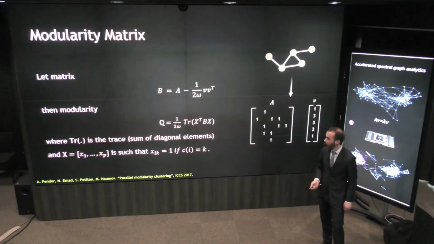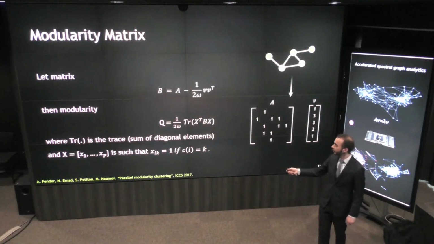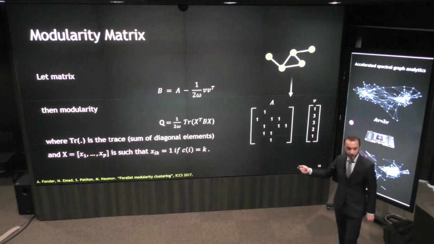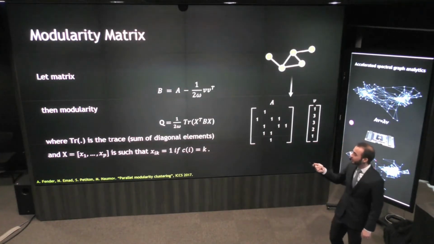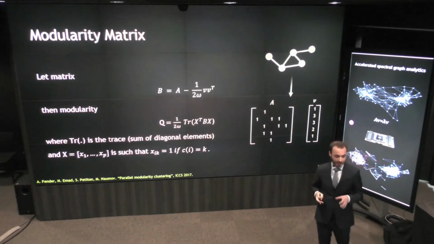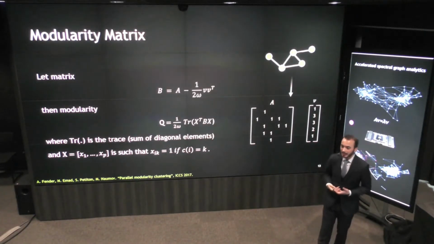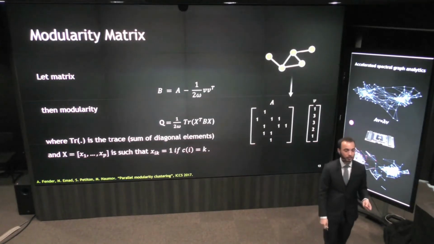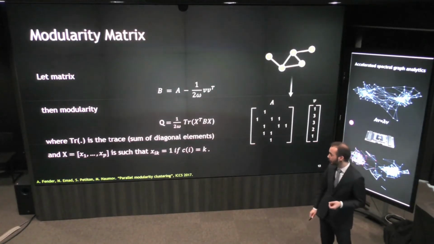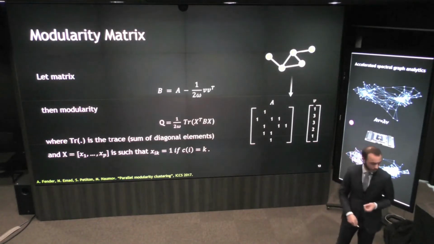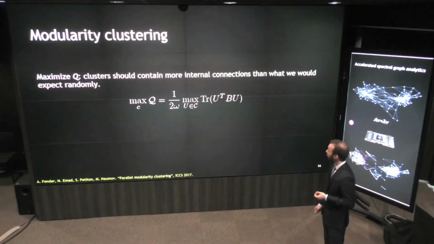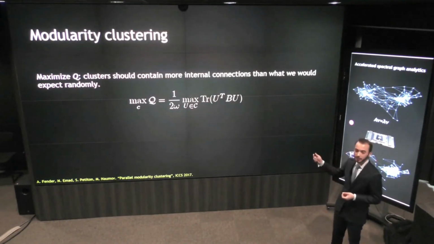When we compute the modularity quantity with this formula, where X are cluster assignments, the larger this score is, the better we are at finding clusters. That's because we would expect more connections inside our cluster assignment than what we would have randomly in a graph. So, as you can guess, it becomes a maximization problem, and that's what we'd like to solve.